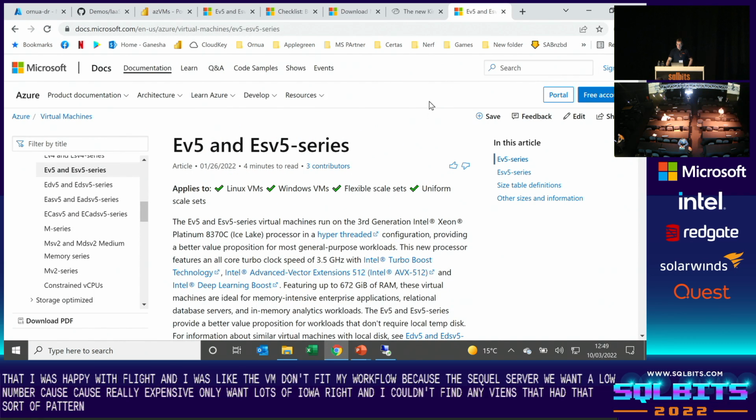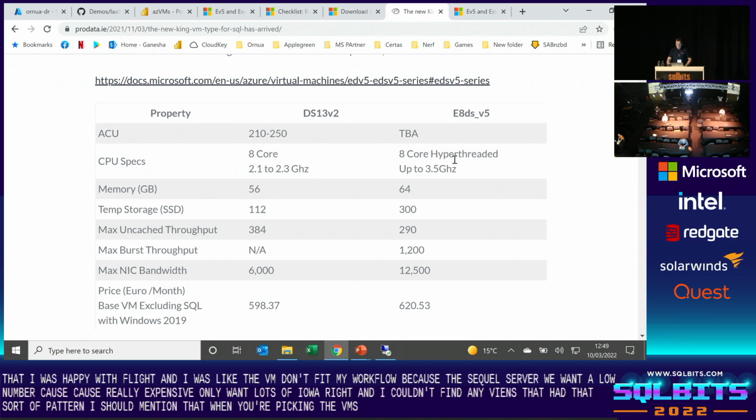I should mention that when you're picking the VMs, if you're on the DS series, the new E5 stacks up very well against it, right? I wasn't too sure at first. It gives you a little bit more RAM, gives you a lot more temp storage.